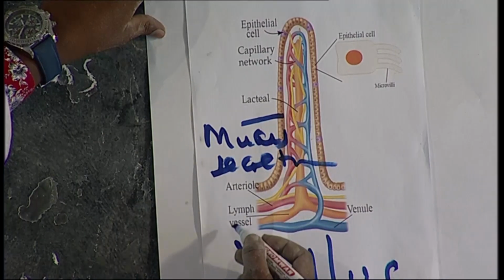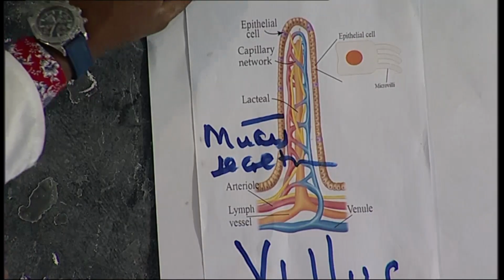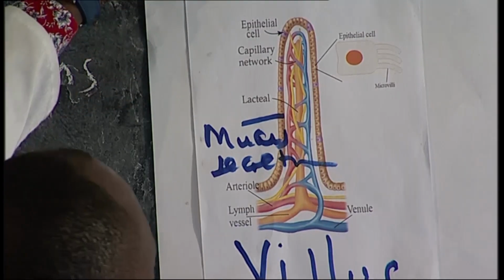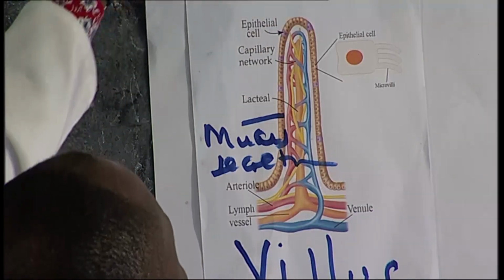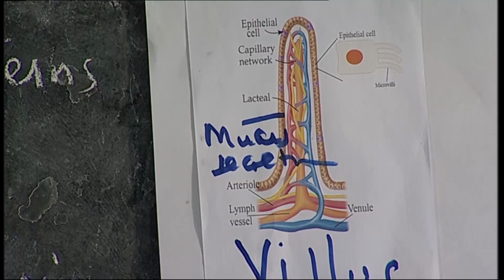We have lymph vessels, arterioles, venules, and so on. So this is the internal structure of the villi. The villi are found in the small intestine, in the ileum precisely, which plays a big role in absorption of the end products of digestion.